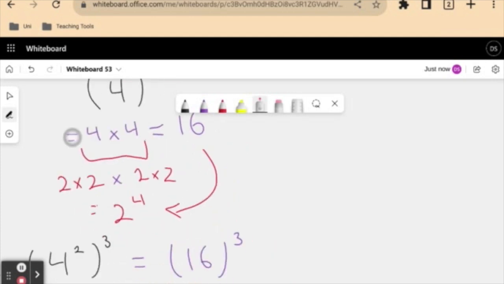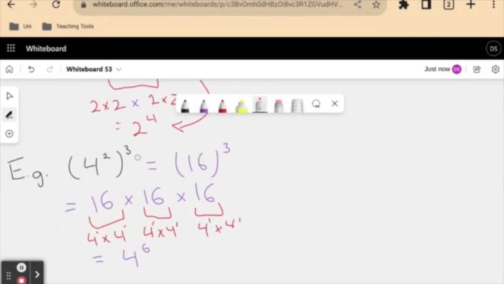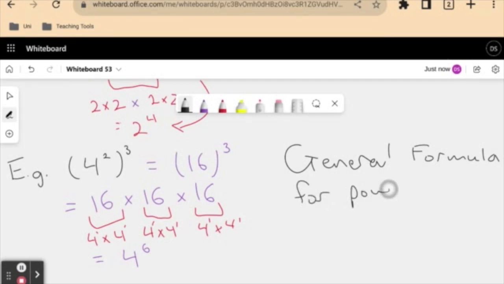So once again, we'll write a general equation. A general formula for powers of powers.